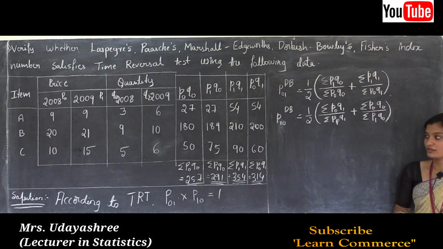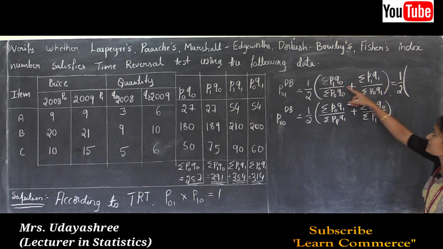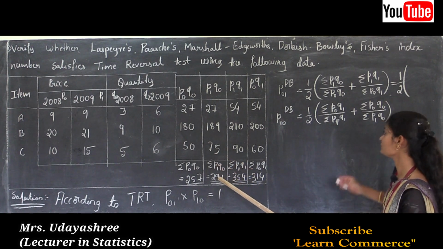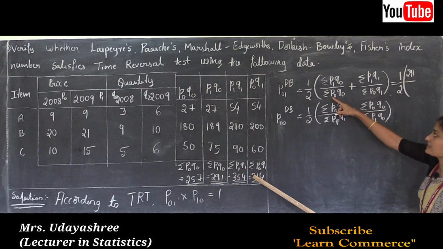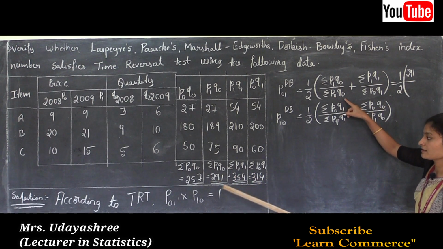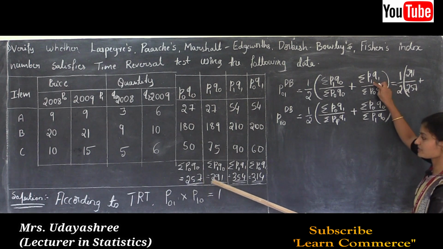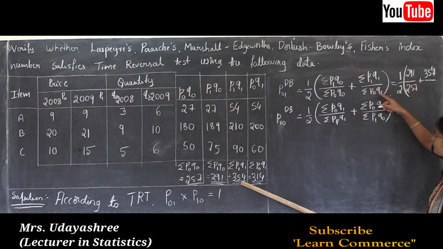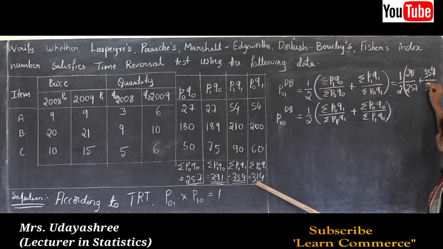I will substitute the values here. Half into summation P1 Q0, which is 291, divided by summation P0 Q0, which is 257, plus summation P1 Q1, which is 354, divided by summation P0 Q1, which is 314.